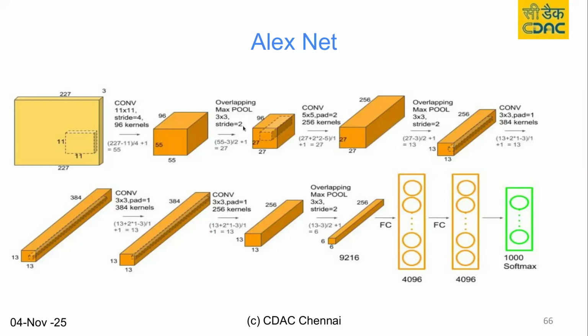After the convolution operation, there is a max pooling operation. We saw max pooling, where the maximum of every 2 cross 2 block is taken. So that's why 55 cross 55 becomes roughly half, 27 cross 27, after the max pooling operation. So there are several convolution operations, one max pooling operation, then another convolution operation, another max pooling operation, another convolution, another convolution, then again a max pooling operation.